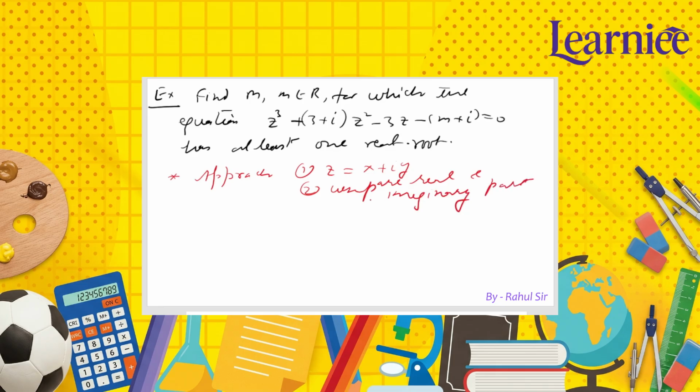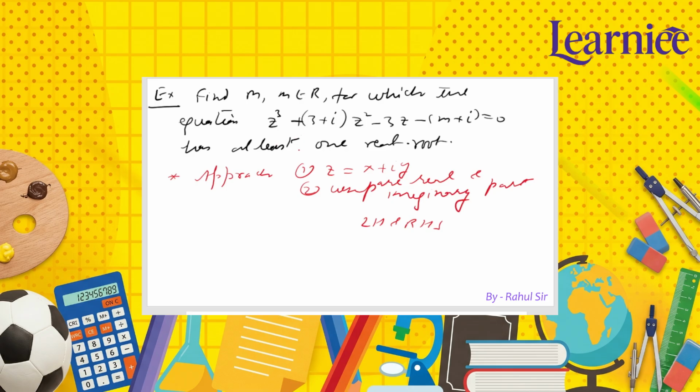Compare real and imaginary part of the left hand side and right hand side. This is the approach to solve the problem. So in this case, since it is given that this particular equation has at least one real root.